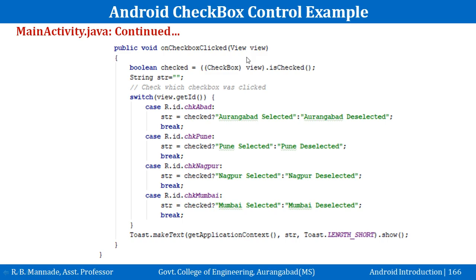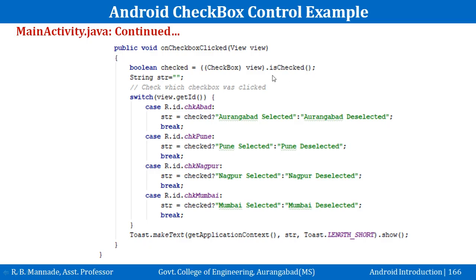From this view object we can extract the state of the checkbox, whether it is checked or unchecked. That is why a variable of type boolean is declared.